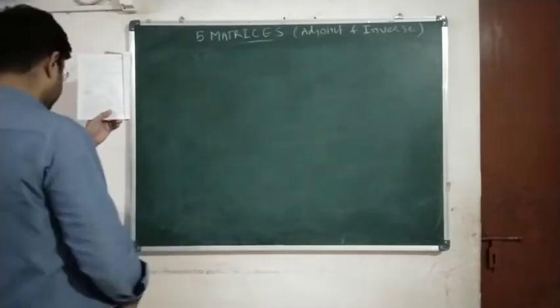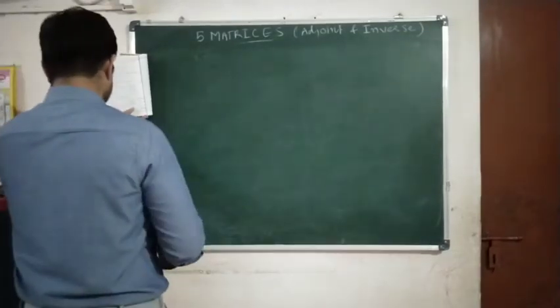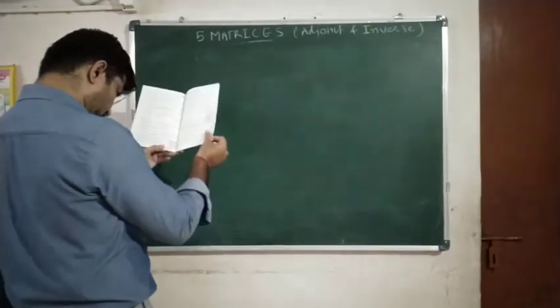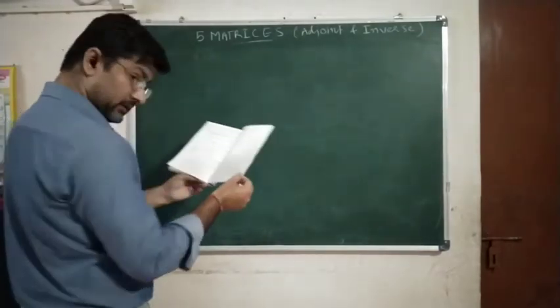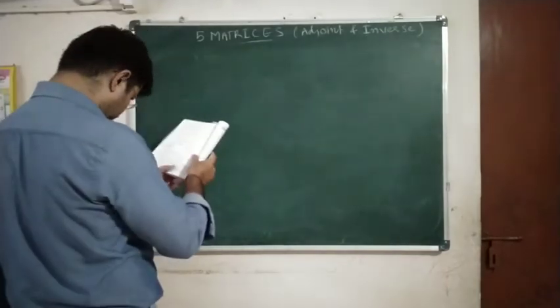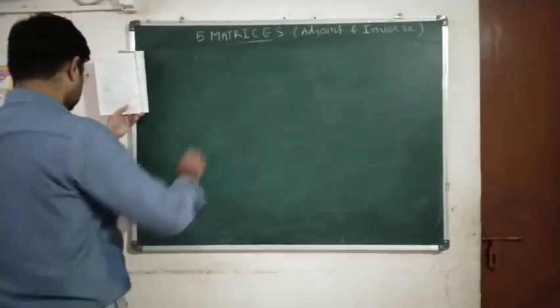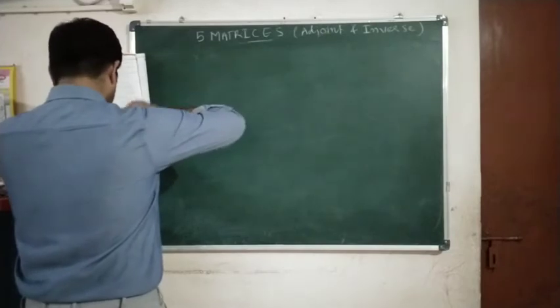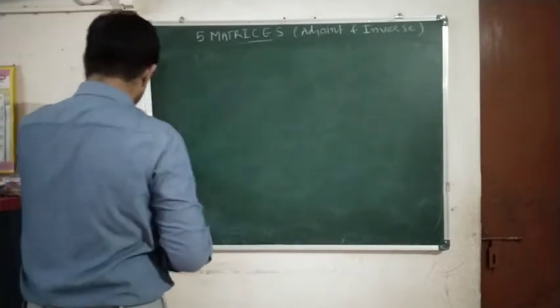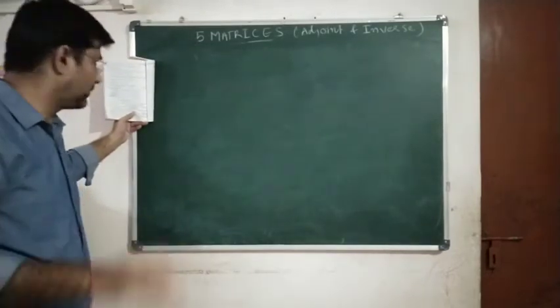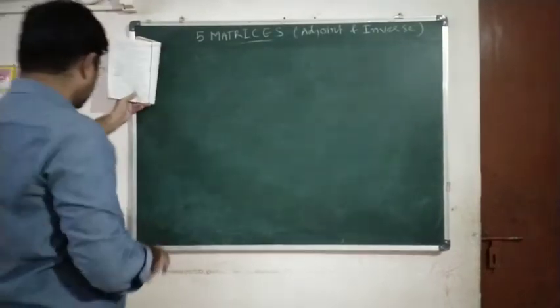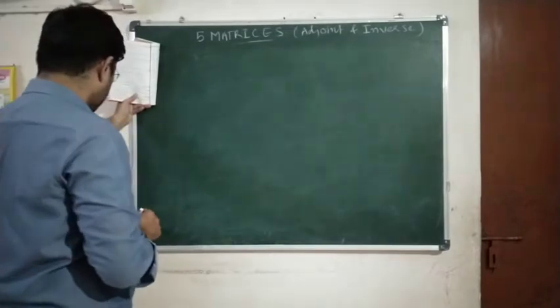There is a mistake in question number 20, so leave that question. And 21, 22 are all proving properties, as I told, not to do. Now we will directly solve question number 23.